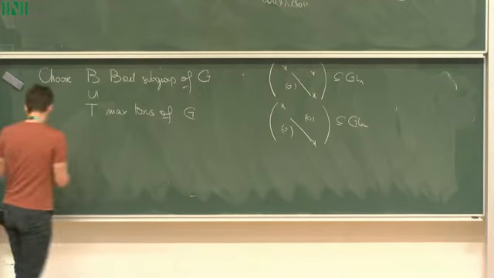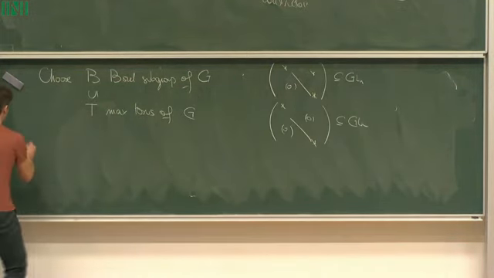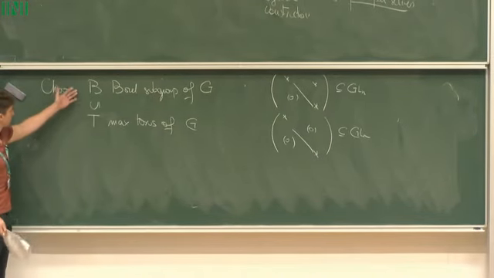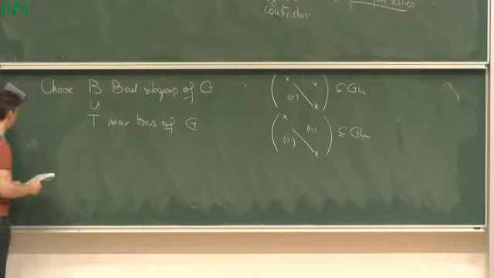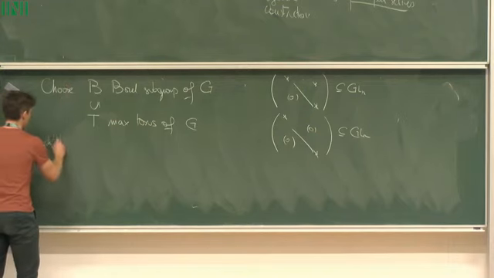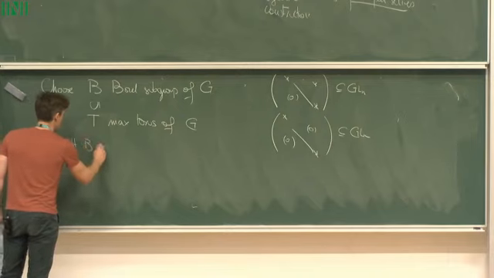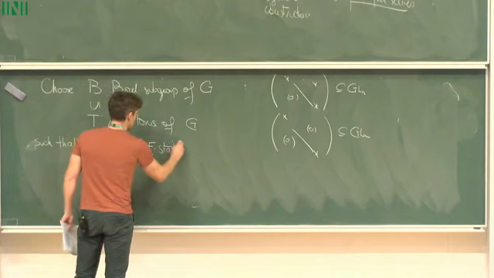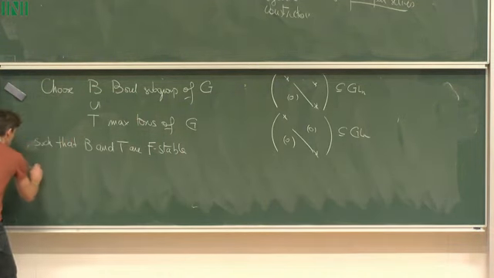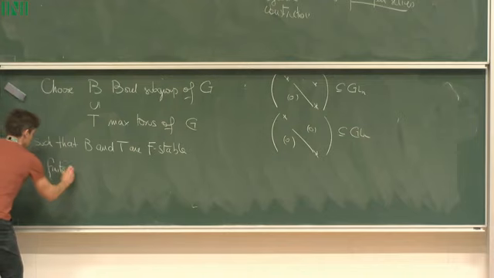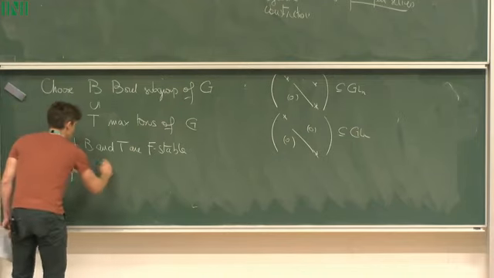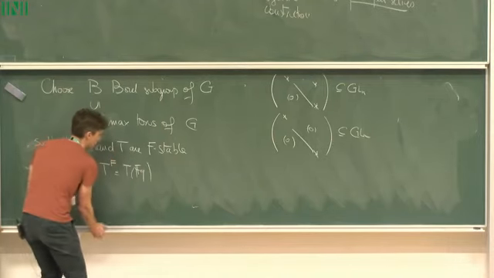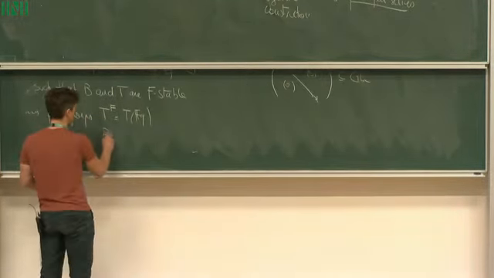The key thing is that you can always choose B and T such that they are F-stable, in which case you have the corresponding finite groups, given by the fixed points under the Frobenius, so the F_q points of T, and the same for B.